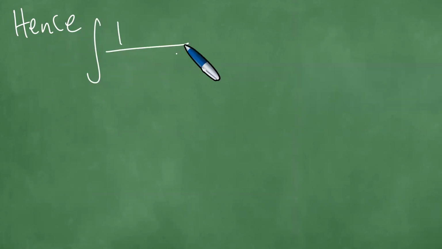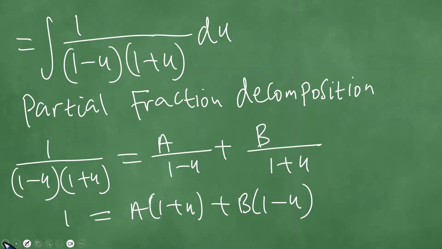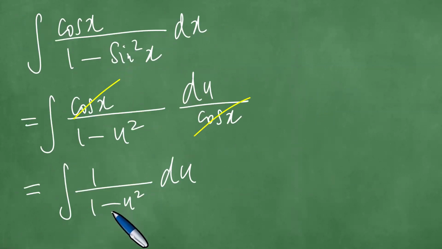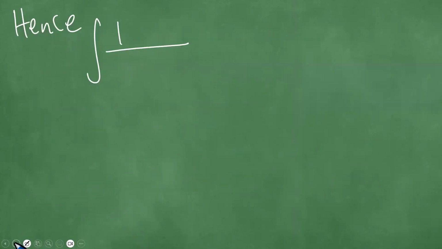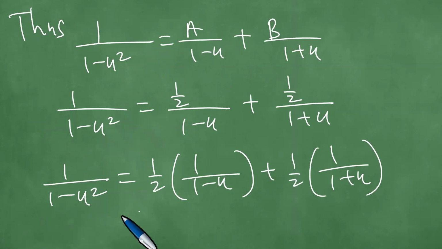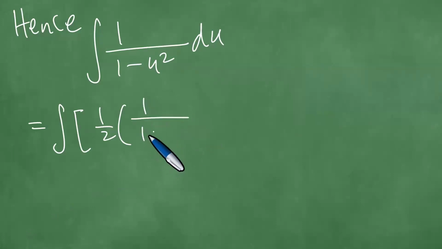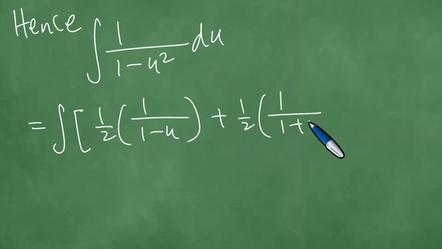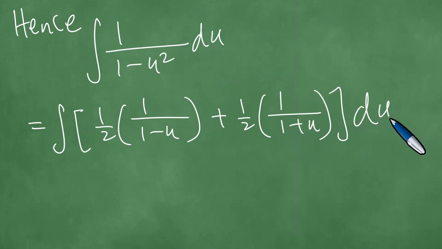So now, hence, we have the integral of 1 over 1 minus u squared du, and we know very well that this is the integral of 1/2, open bracket, 1 over 1 minus u, plus 1/2, 1 over 1 plus u, du.